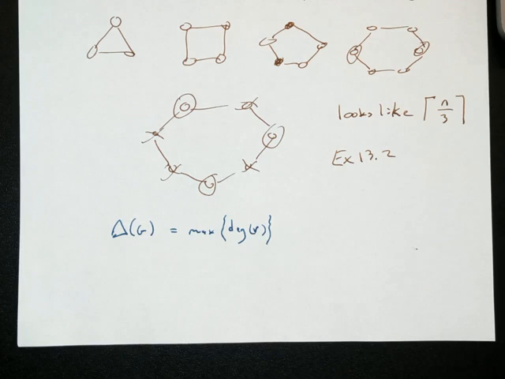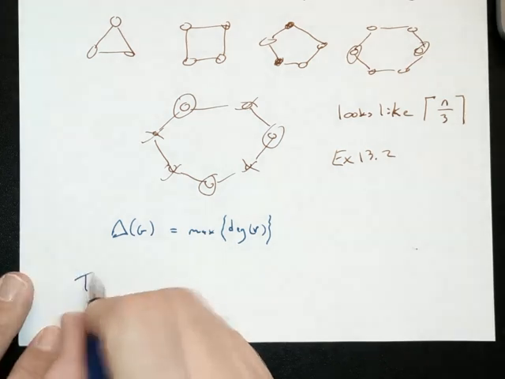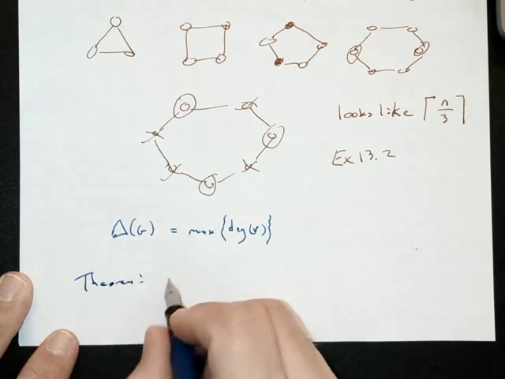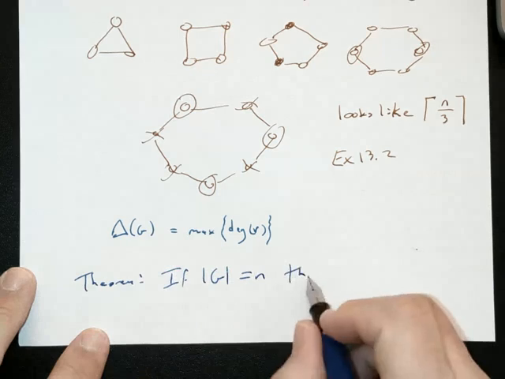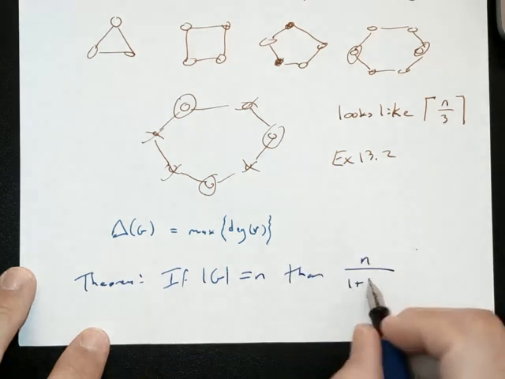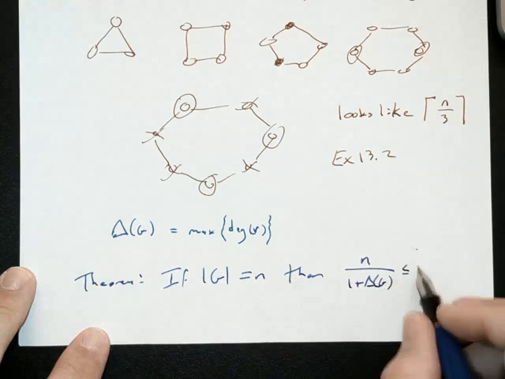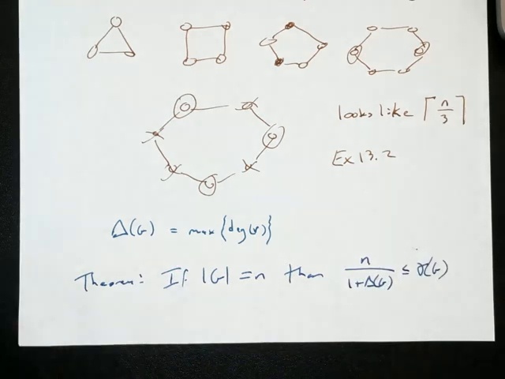So the fewest number of vertices I could use would somehow have to be related to dividing by that, well, 1 plus that. But wait, there's more.